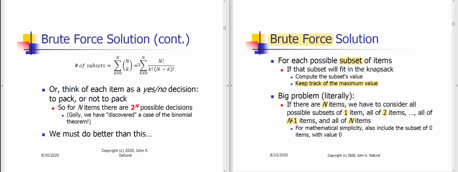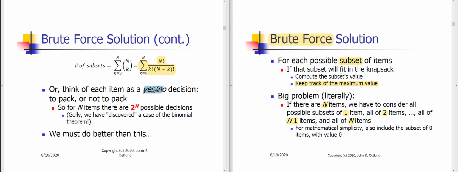That works out, and it's not hard to see this. It's the sum for the number of items k going from 0 up to n of n choose k. That is, we have n items and we're choosing a subset of size k from that. N choose k is the number of possible subsets that we can choose of a given size k, and that gives us this sum here, which you will almost certainly recognize.